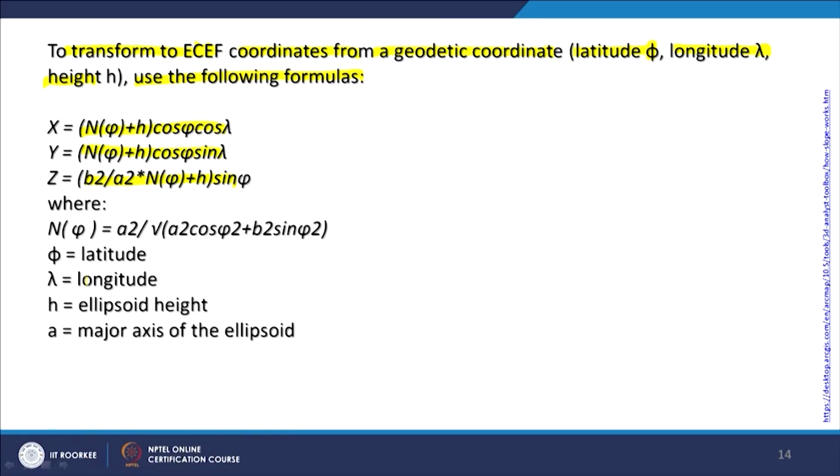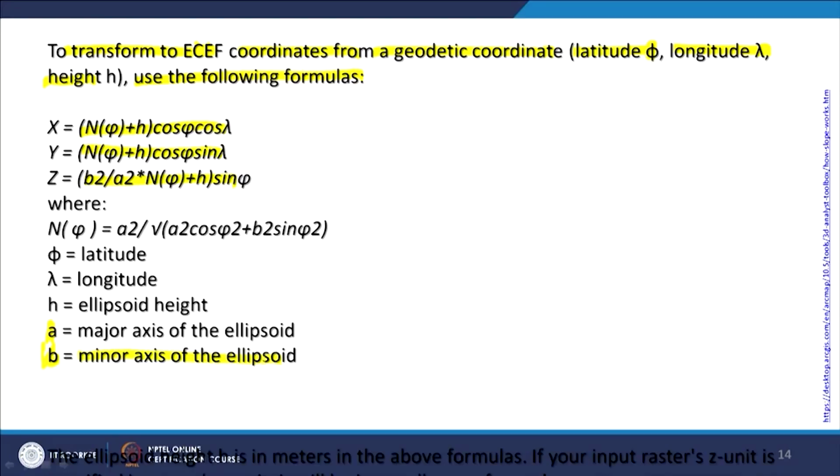You have also seen in the case of the ellipsoid that A represents the major axis of the ellipsoid, and B represents the minor axis, because unfortunately the earth is not a perfect spheroid. Therefore these complications come, and we have to take care of this while going for more accurate slope calculations in the current discussion.